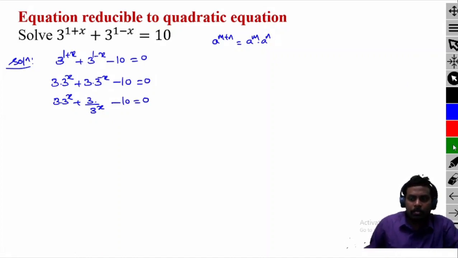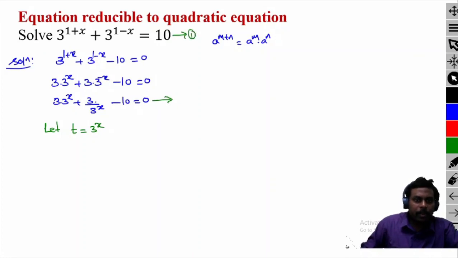Now you can guess that we are going to substitute this 3 power x with some variable. Let t is equal to 3 power x. We call this equation 1. This we call equation 2.